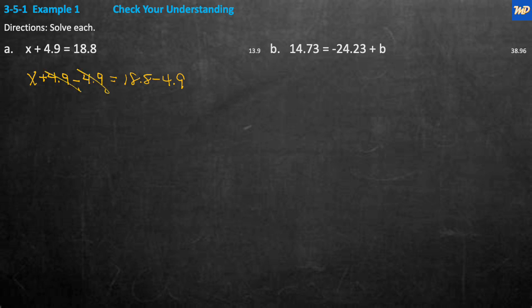When I check the left-hand side, the 4.9s cancel each other out, and I'm left with x is equal to 18.8 minus 4.9. And when I do the subtraction, I find that x is equal to 13.9.